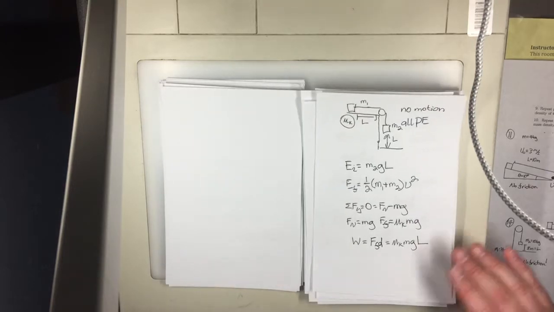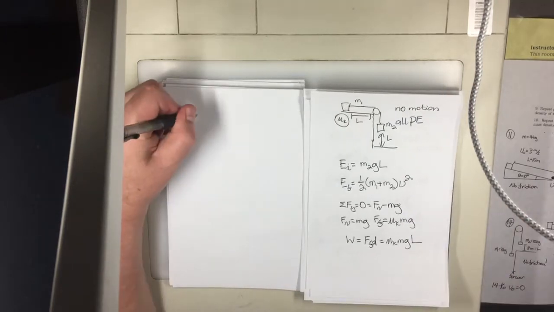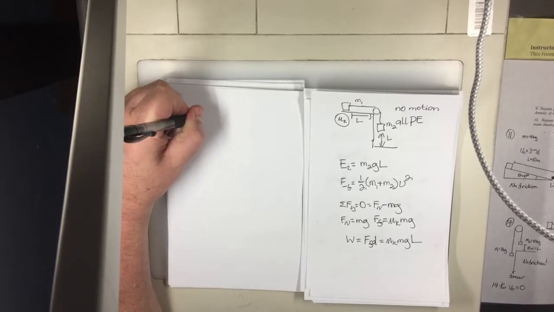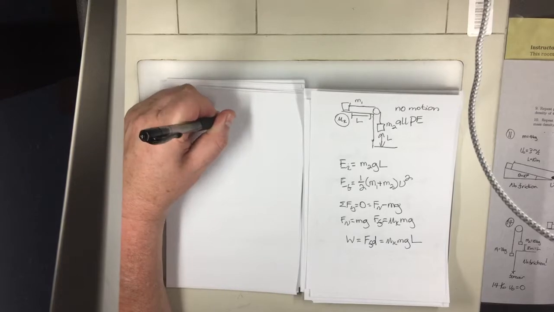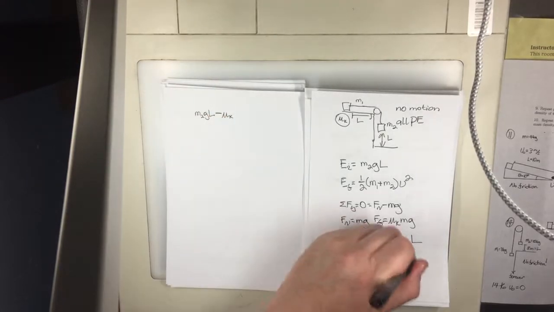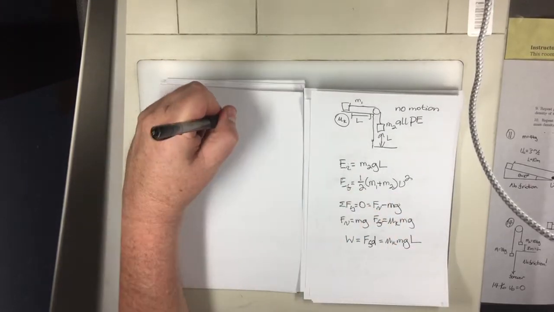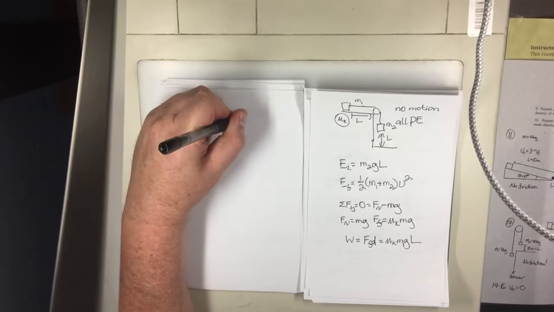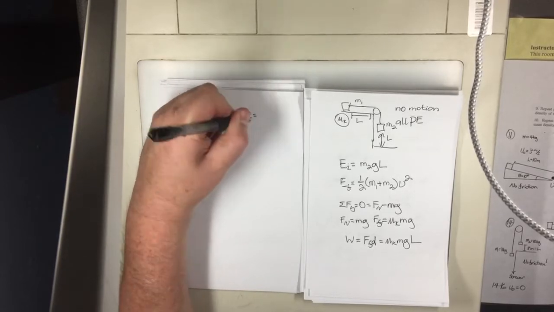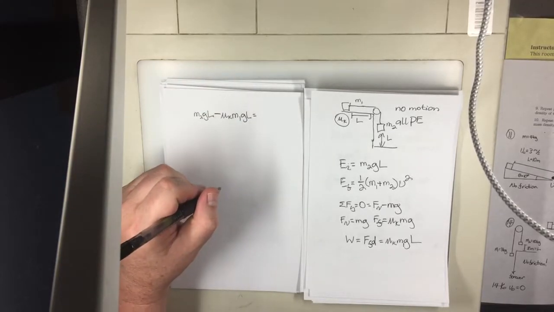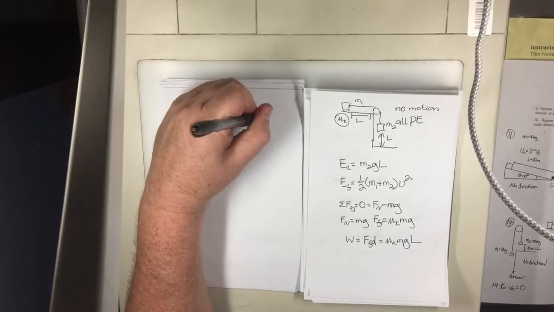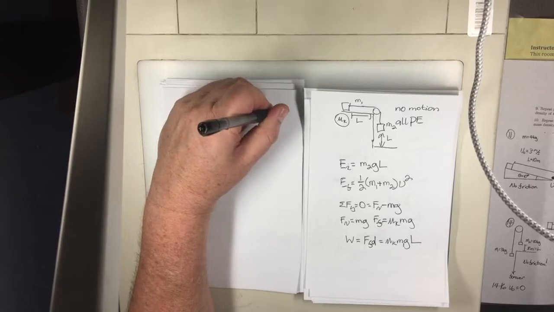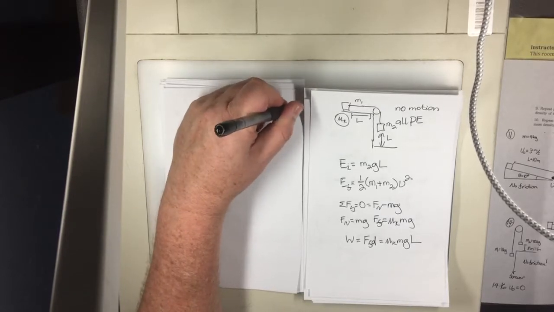So putting all these parts together, M2 g L minus mu sub k, oh, and this is M1. Mu sub k M1 g L is equal to 1/2 (M1 plus M2) V squared.